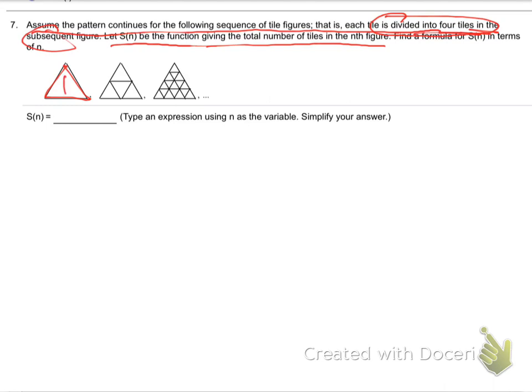So this one tile becomes 1, 2, 3, 4. See that? So there's 1 tile here, 4 tiles there. So how many tiles in the next one?